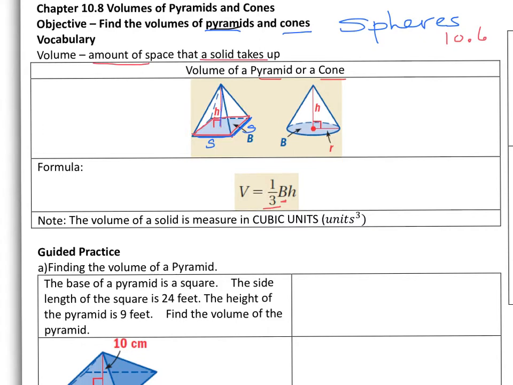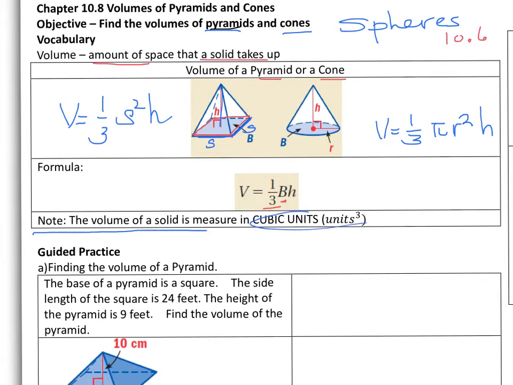And for the cone, it would just be volume equals 1/3 times the base area of pi r squared times the height. So I'll do this for the pyramid as well. So 1/3 the base area should be just S squared times height. And again, note the volume of a solid is measured in cubic units.